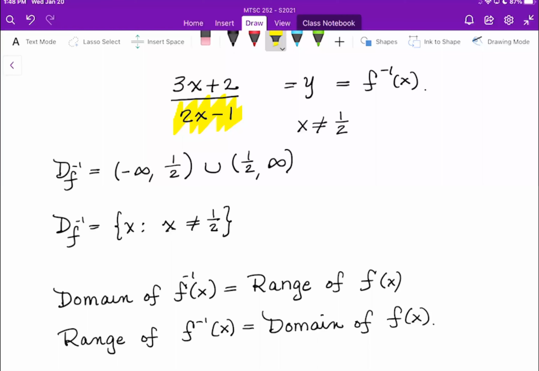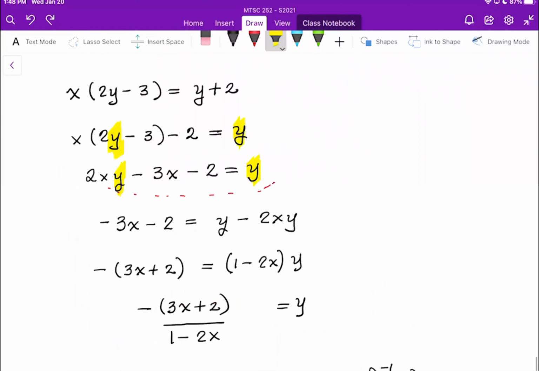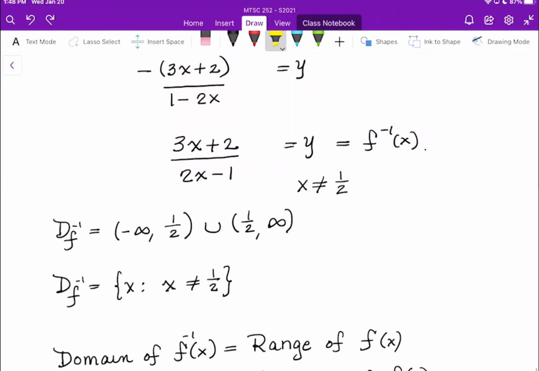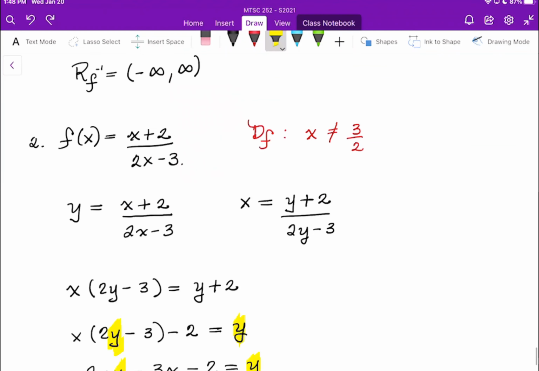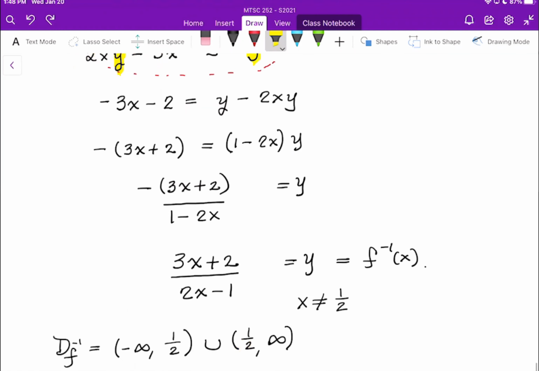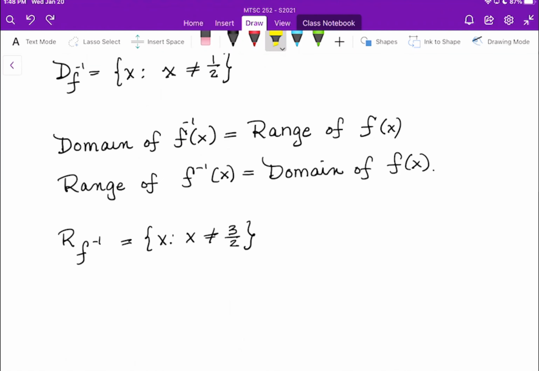But it wasn't easy to see the range. But I do know that if I look at the domain of the function, that will be the range of the inverse. So I went back to the function, and I saw that I couldn't put 3/2 in there. So therefore, that is what becomes the range of the inverse.